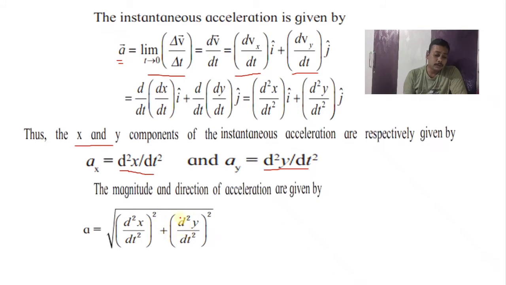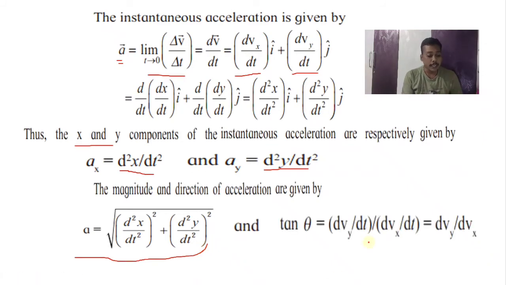Now next, the magnitude and direction of acceleration. How do we derive the magnitude? Under root ax square plus ay square. So simply I write a is equal to under root, instead of ax I write d square x by dt square, instead of ay I write d square y by dt square, so under root of (d square x by dt square) whole square plus (d square y by dt square) whole square.